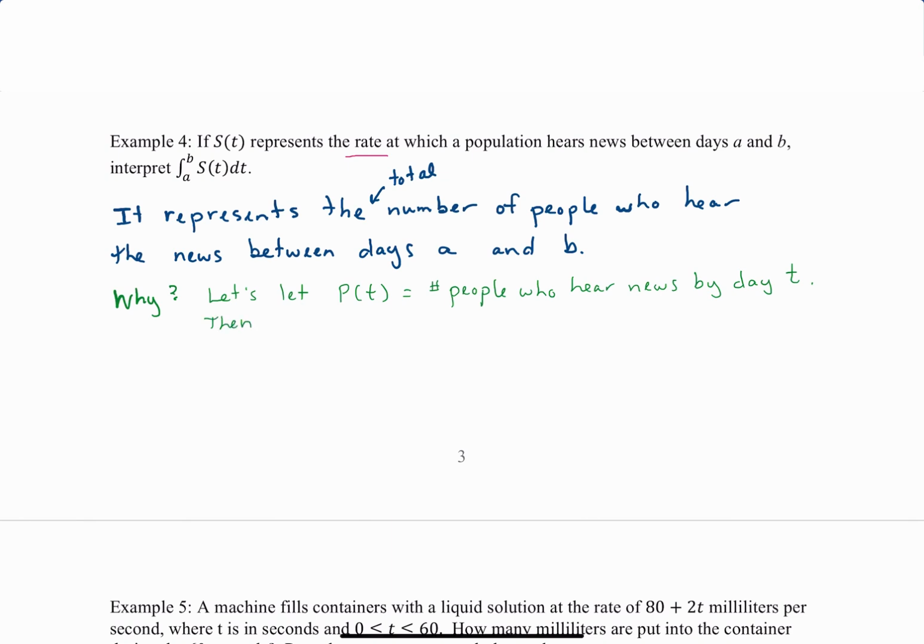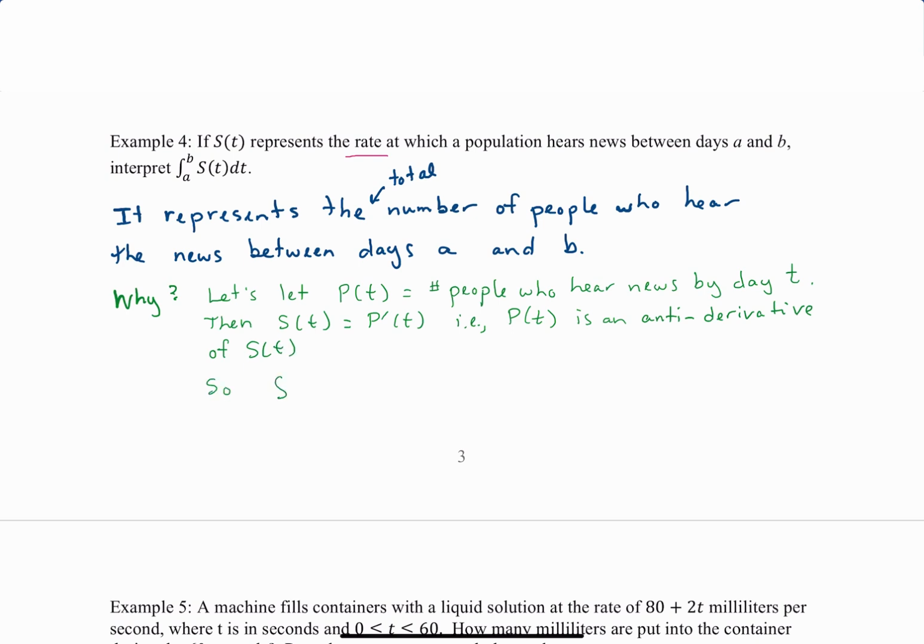Then S of t, because it's the rate at which the population hears news, that's going to be the derivative of the total number of people. In other words, P of t is an antiderivative of S of t.